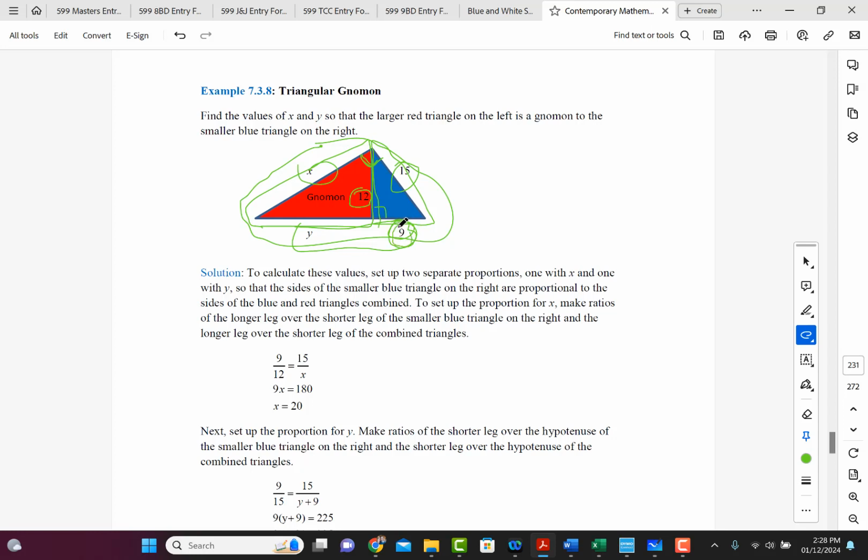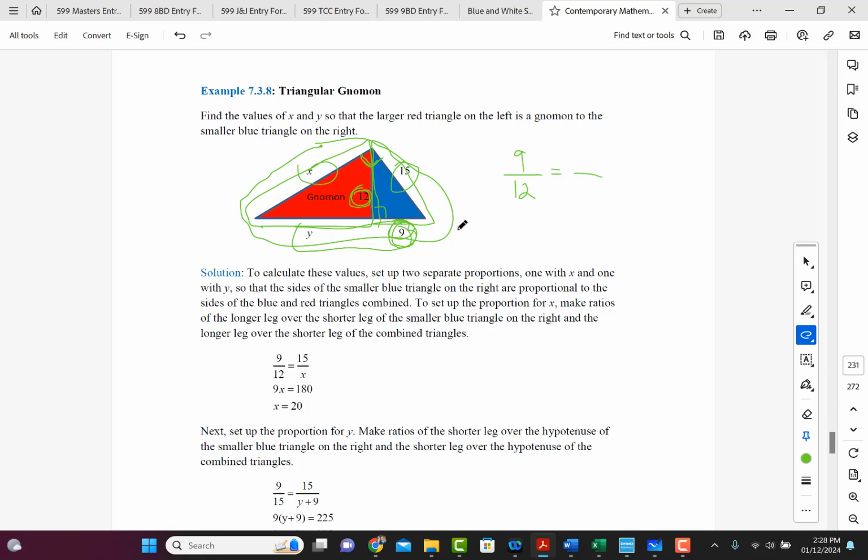Let's take 9 and 12, the two legs of the blue triangle. So we take 9 over 12, that ratio. We want a corresponding ratio on the big triangle.